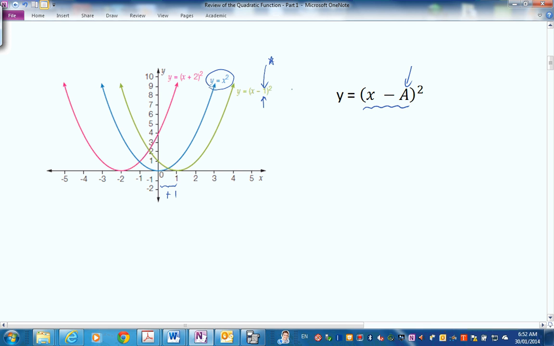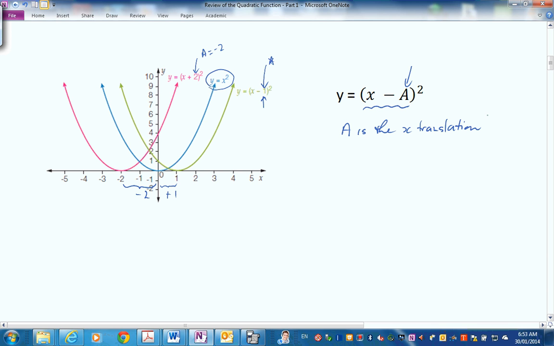But that was neg 1 in there. How does that work? And what about x take a here when a is neg 2? Because it would be x take neg 2 or x plus 2 squared. And that moves it negative 2 across to the left there. So in other words, in this form, a is the x translation.